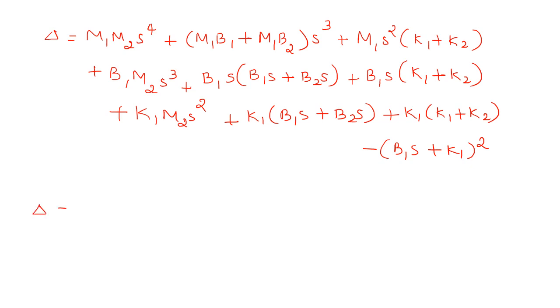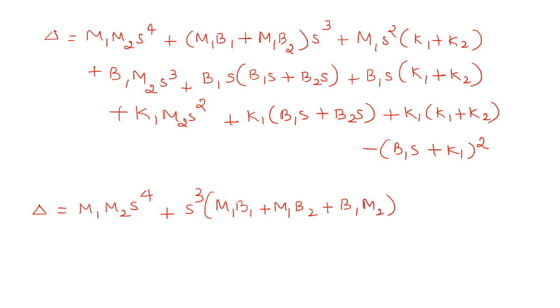Now the next step is we need to separate the terms containing s to the power 4, which is M1 M2 s to the power 4. If you simplify, the s cube term will be M1 B1 plus M1 B2 plus B1 M2.